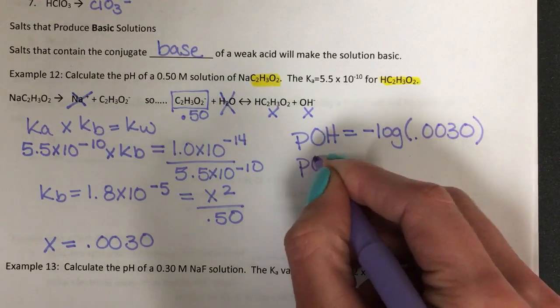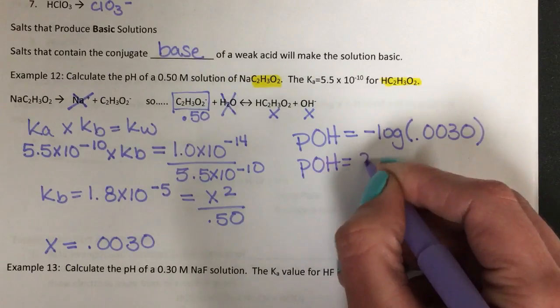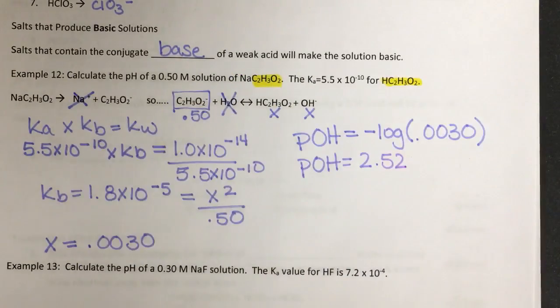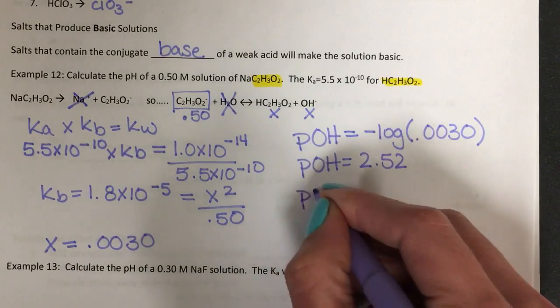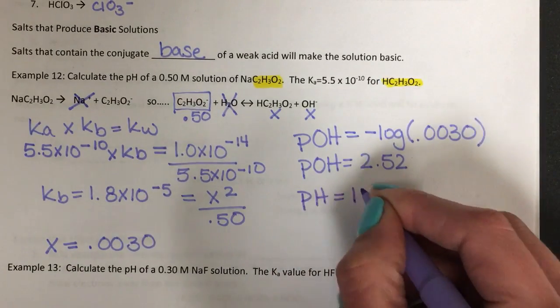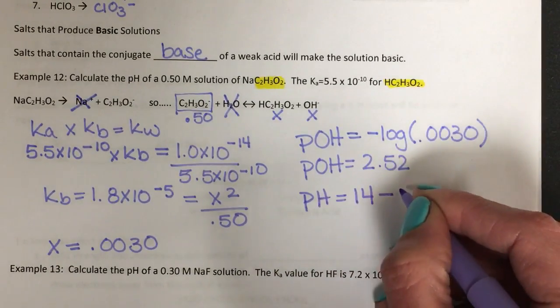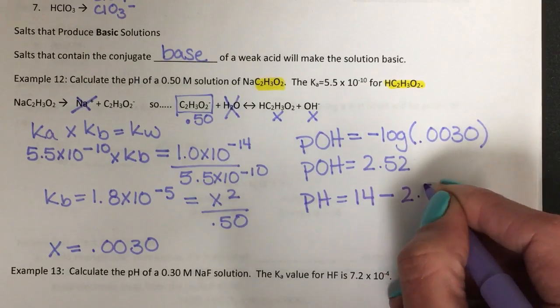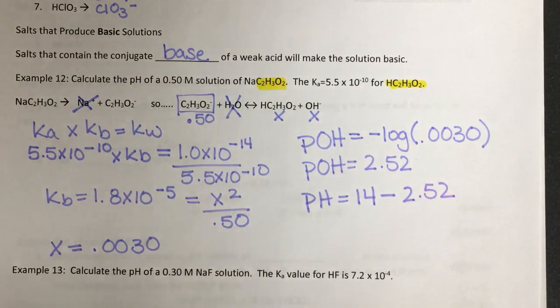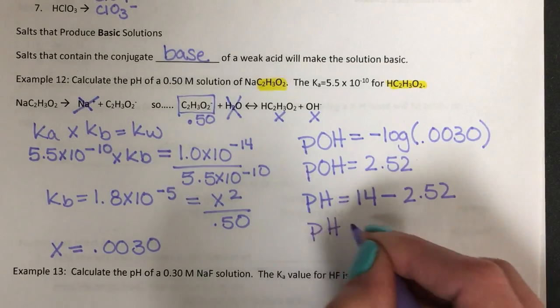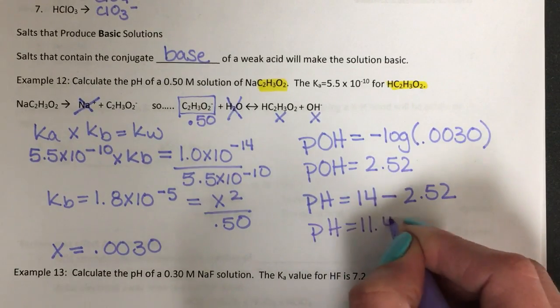So my pOH is going to be 2.52. To solve for pH, pH is 14 minus pOH. So my pH is 11.48.